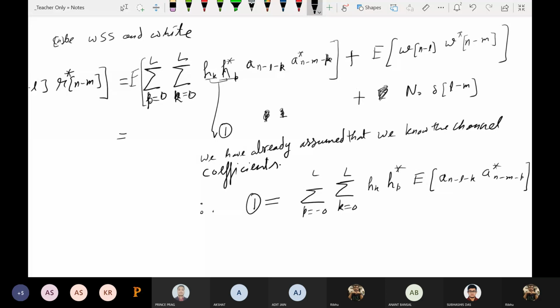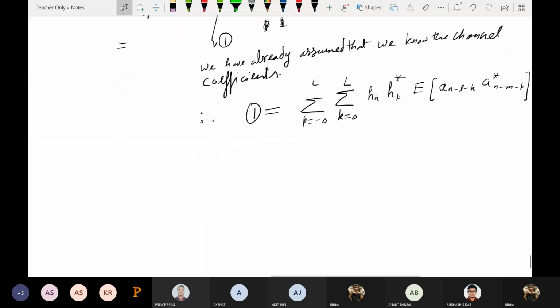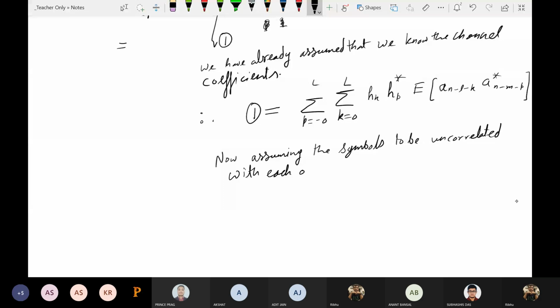Now, assuming the symbols to be uncorrelated, fair assumption?